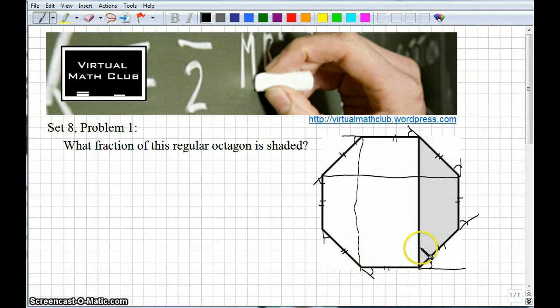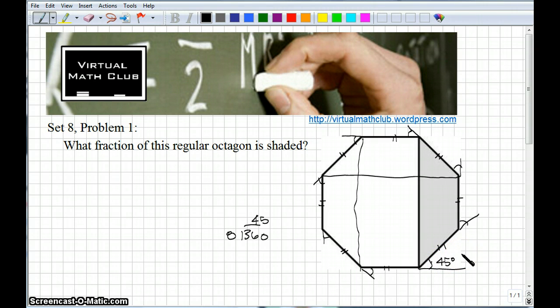So we've got 8 of those angles, and we take 360 divided by 8, and we get 45 degrees. So each one of these angles has to be 45 degrees.